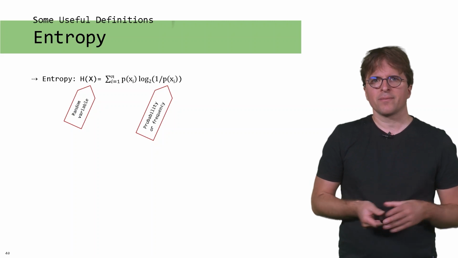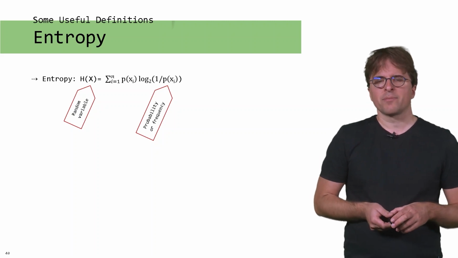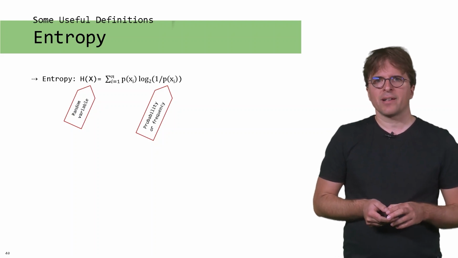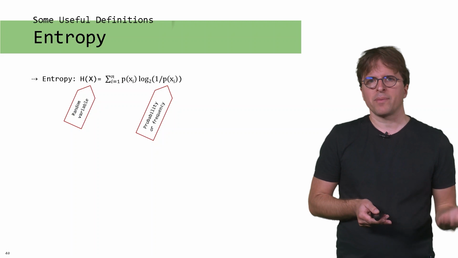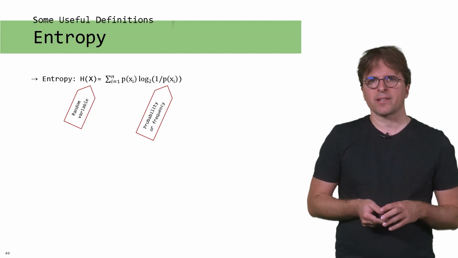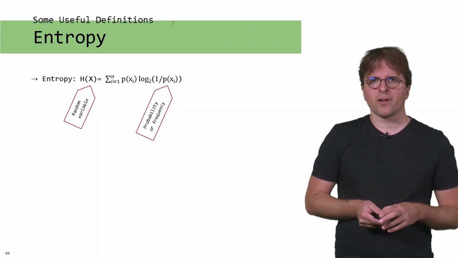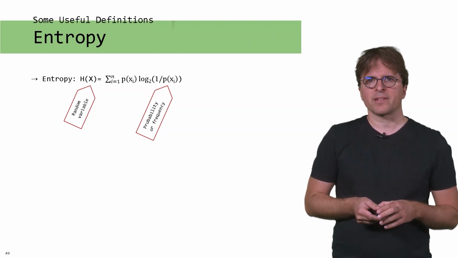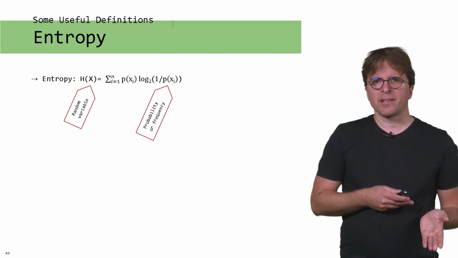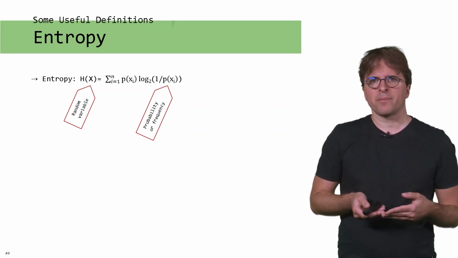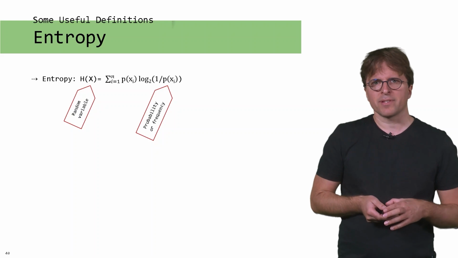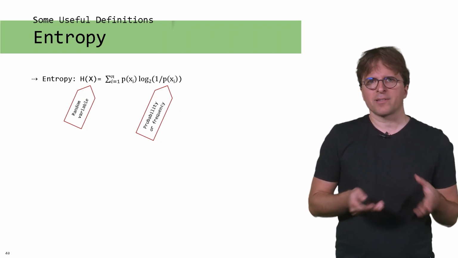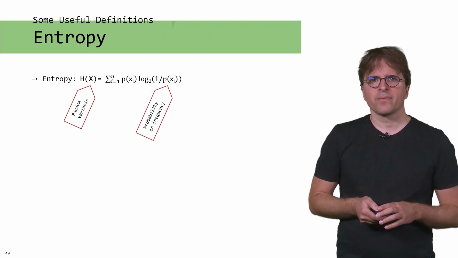We are given a probability distribution or a random variable X, and then the entropy is defined as the sum of the probability of these values x_i times the binary logarithm of 1 over the probability of x_i. And P(x) could be the probability, but it could also be, for example, the frequency if we talk about empirical entropy. But for now, let's look at this probability model.